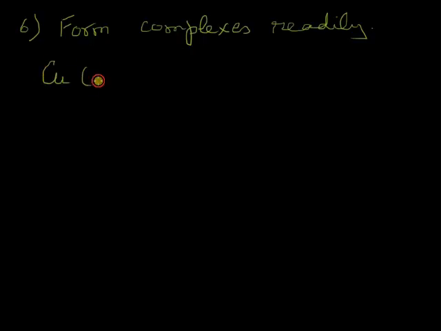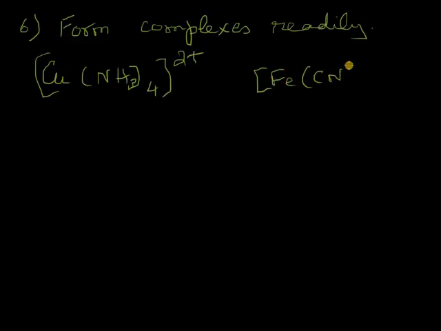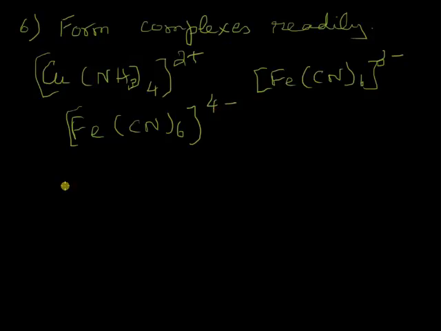I will give you a few examples. Cu(NH3)4 2+, Fe(CN)6 3-, Fe(CN)6 4-. These are some of the examples which we often come across.